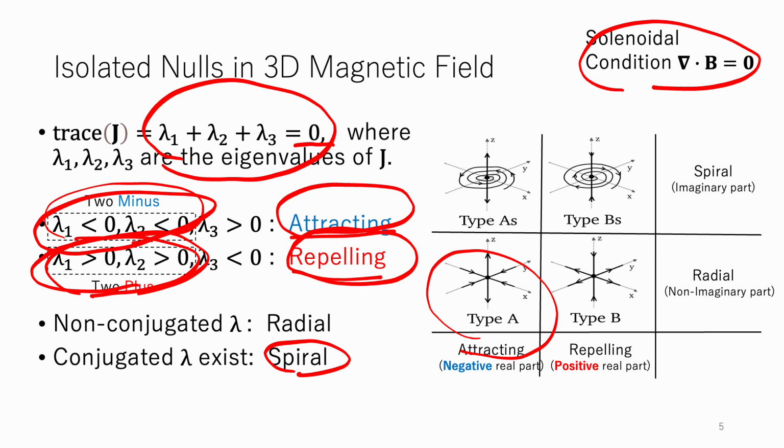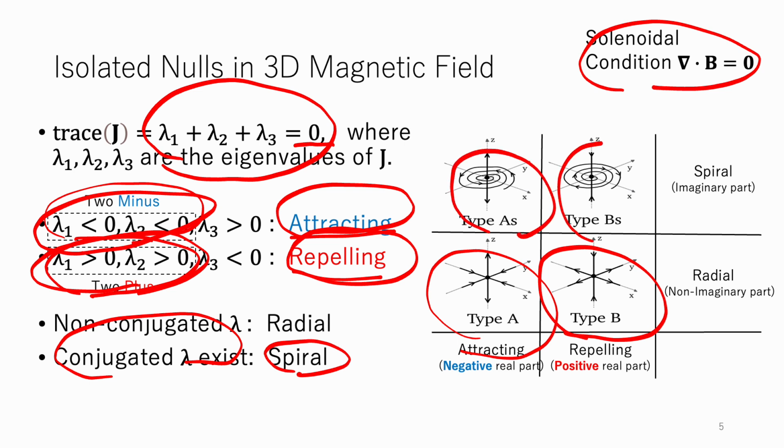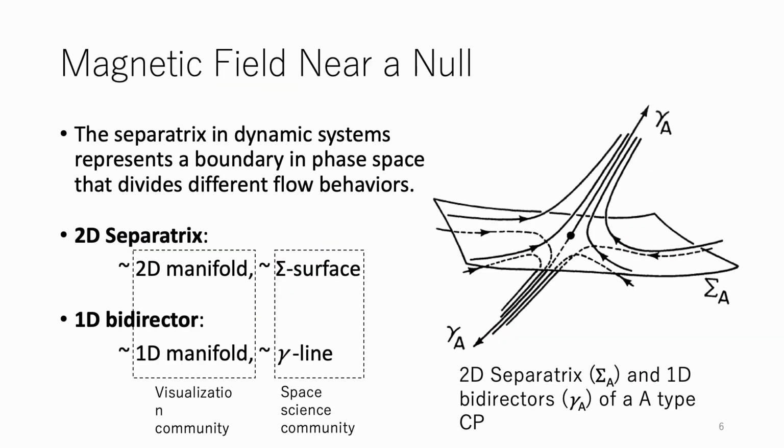Both A type and B type can have a conjugate case. If we have a conjugate case, we call this null AS or BS, or spiral. For the non-conjugate case, we just call them A, B, or radial. The important point is each eigenvalue has eigenvectors.